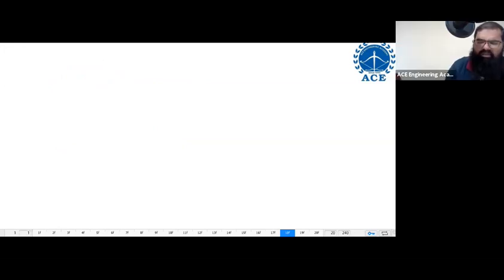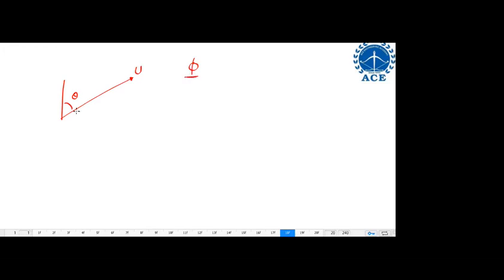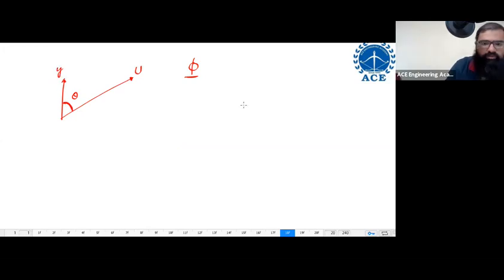Uniform flow with velocity U makes an angle theta with the y-axis as shown in the figure. The velocity potential function is how much? Making angle theta with which axis? The y-axis. Okay, fine.